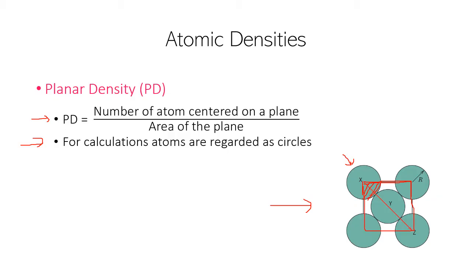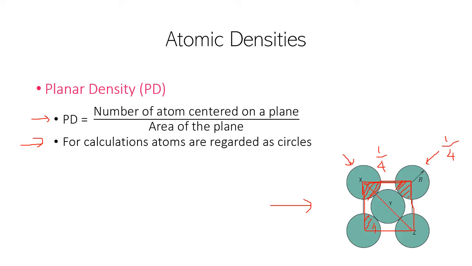So I can say that 1/4 of that circle and hence 1/4 of that corner item is inside this square. Similarly, if you consider this corner item, again this quarter circle, 1/4 of the circle or 1/4 of the item is inside that plane. Same thing for this corner item.